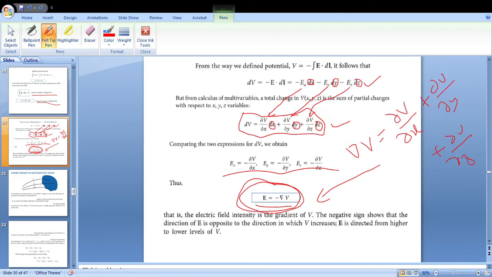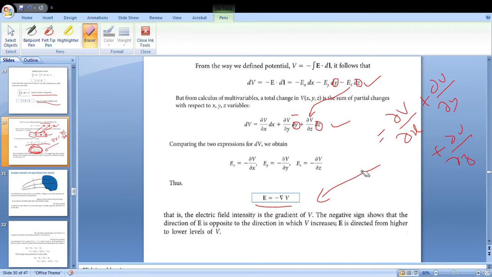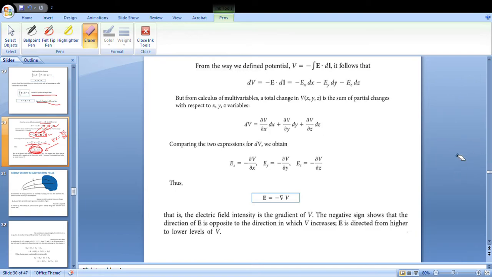And by using V is equal to minus E vector dot dl vector and calculus, we obtained that the electric field intensity is the negative gradient of V. Okay.